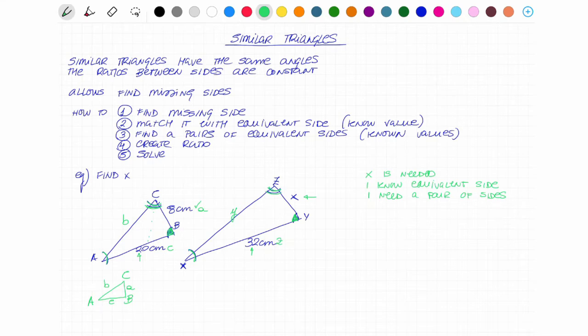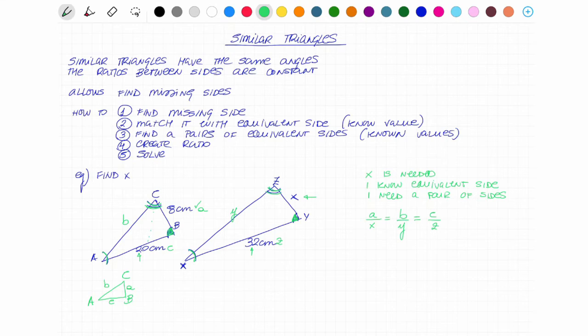Now this is important because I need to put everything correctly when I am creating the ratio. So remember that the proportion between matching sides is a constant. So for sides in between the same two angles in both triangles, the ratio is constant.